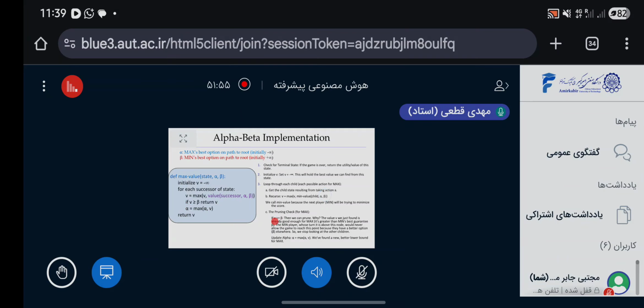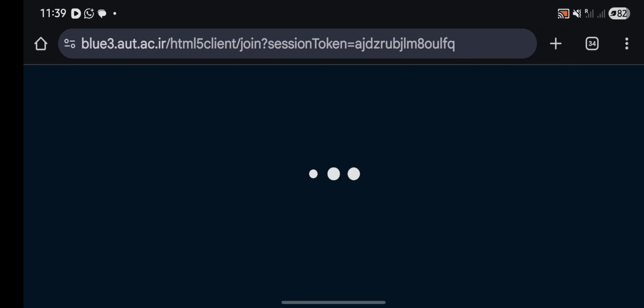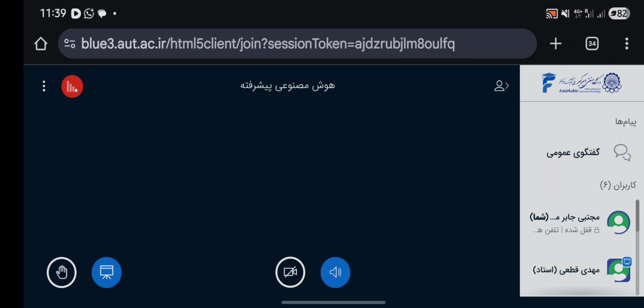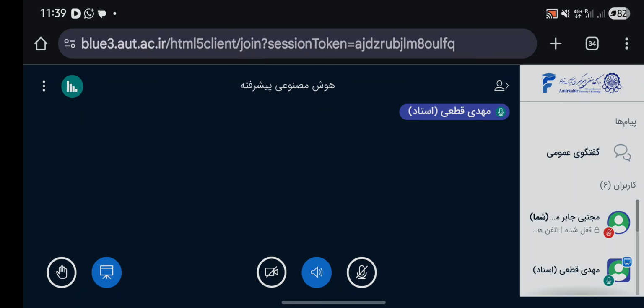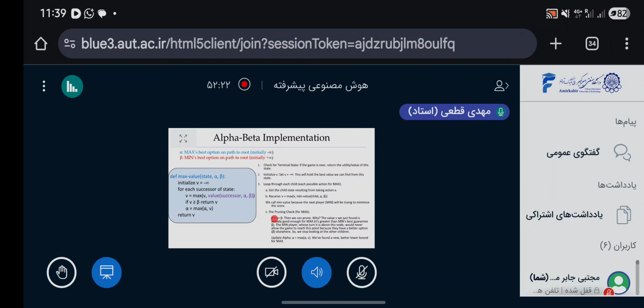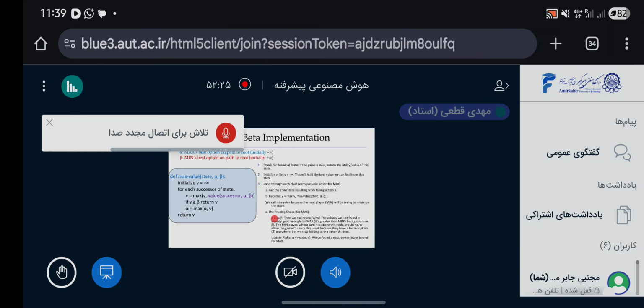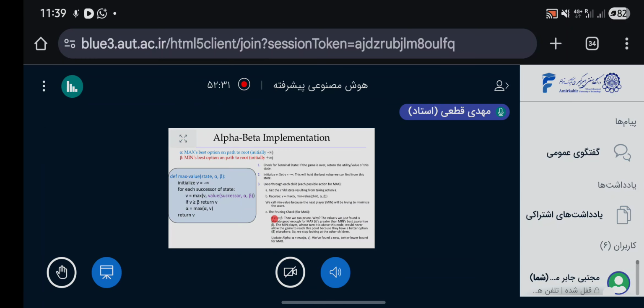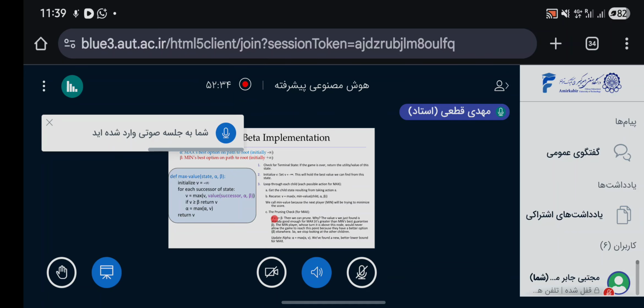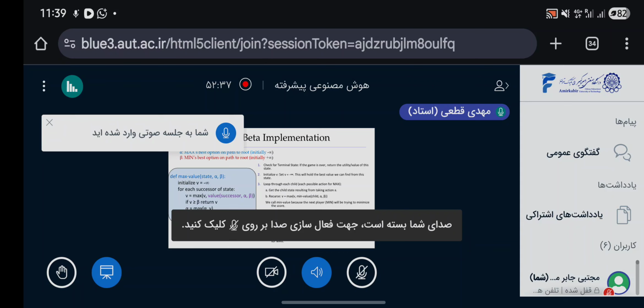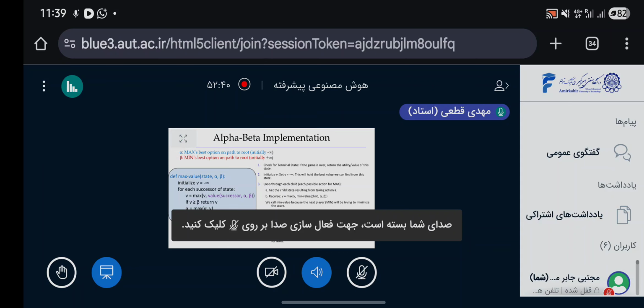Because of that, we need to check this option of the corresponding action. Please pay attention again, I will explain again.